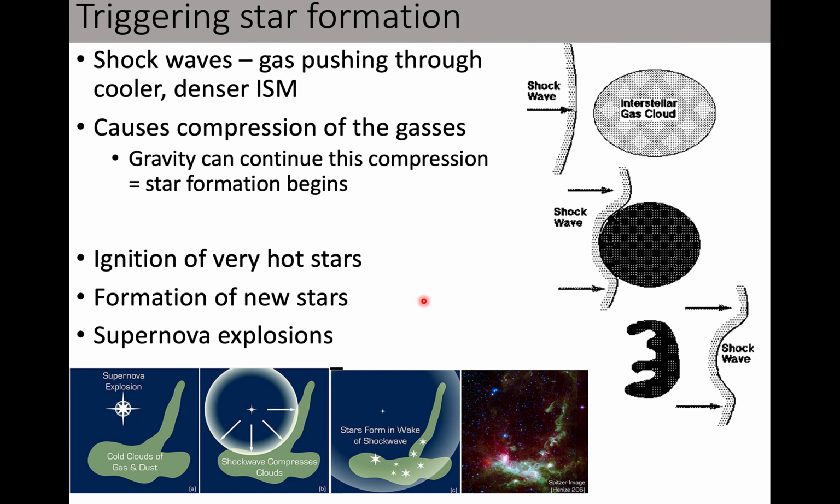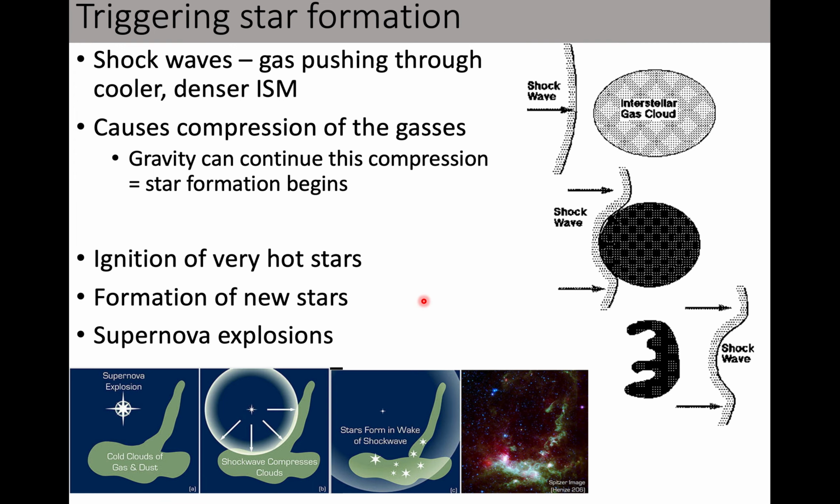So in order to get a cloud of ISM to start star formation, we need that initial contraction. One of the ways to trigger star formation is through shock waves.